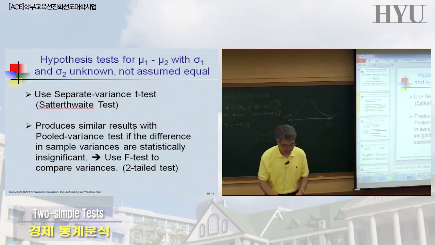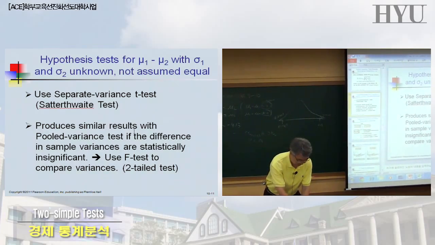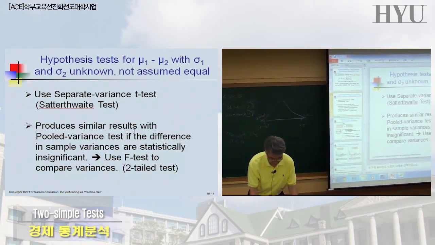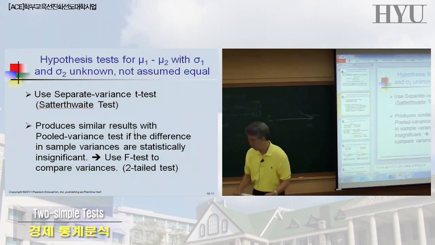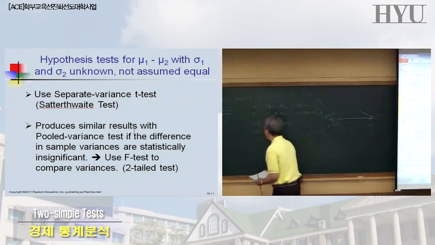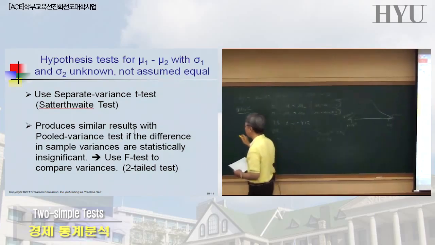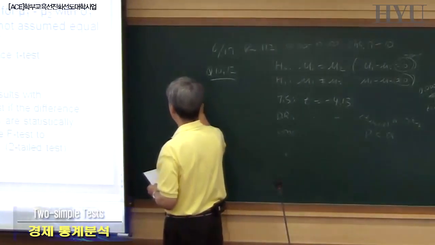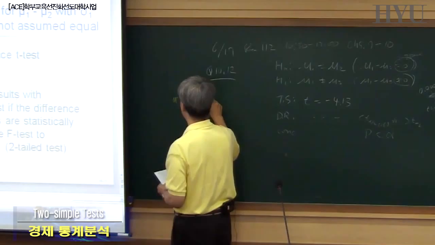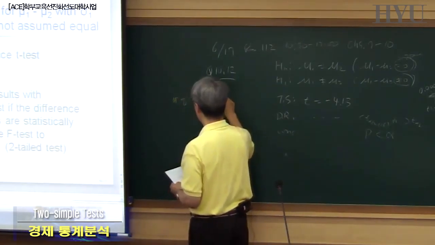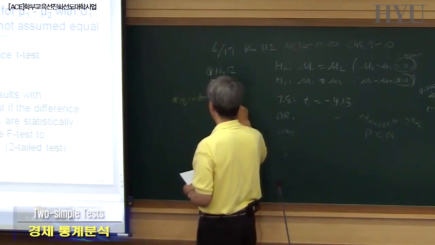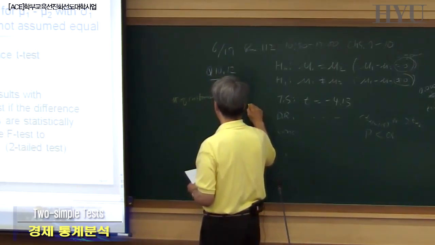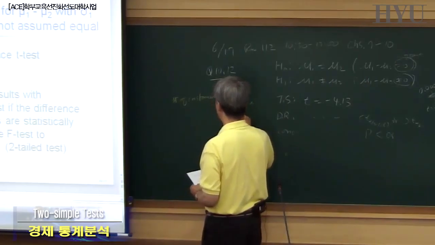Examples can be if you're dealing with completely different populations. Let's say you're comparing the number of customers visiting banks versus restaurants.